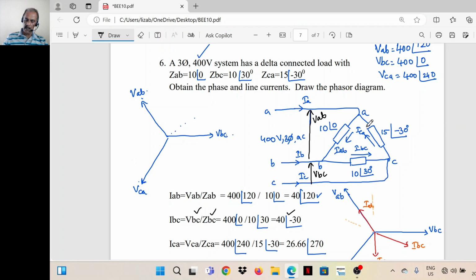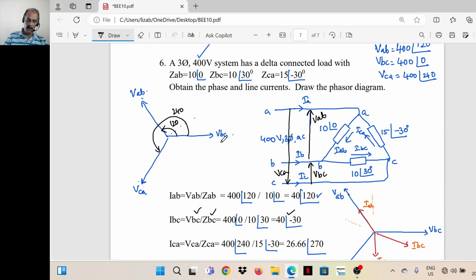Then ICA. ICA is equal to VCA divided by ZCA. I'll mark VCA. So VCA is 400 angle 240. This is angle 120, this is angle 240.